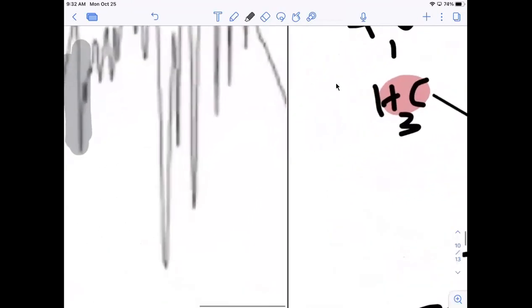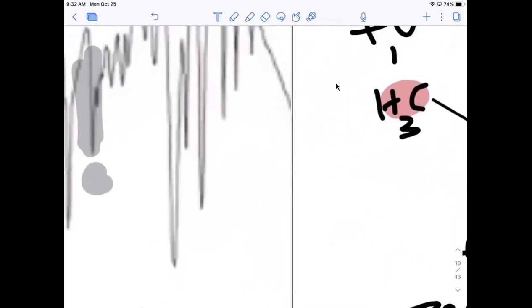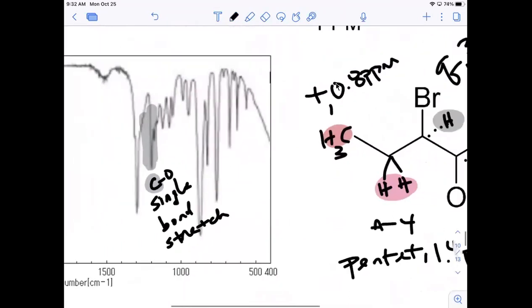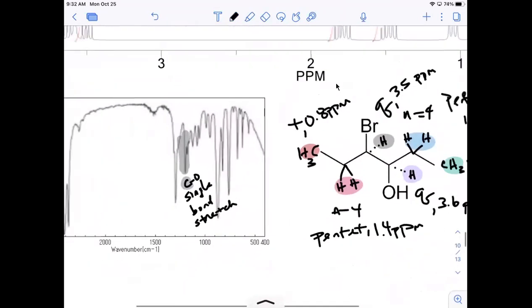That corresponds to a CO single bond. Right, and the reason I'm pointing this out is because these are common. Like the CO single bonds are somewhere between like 1050 and 1200, somewhere in there, depending on what type of single bond it is.